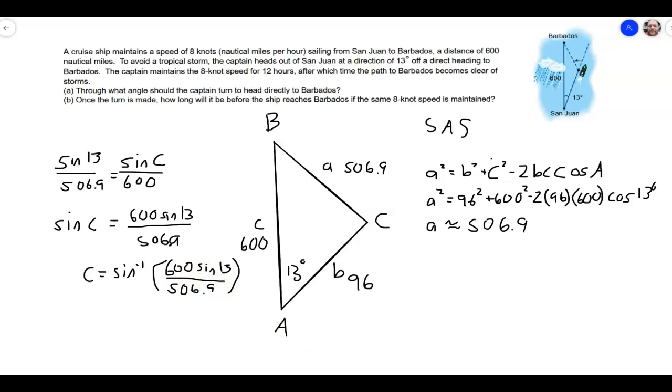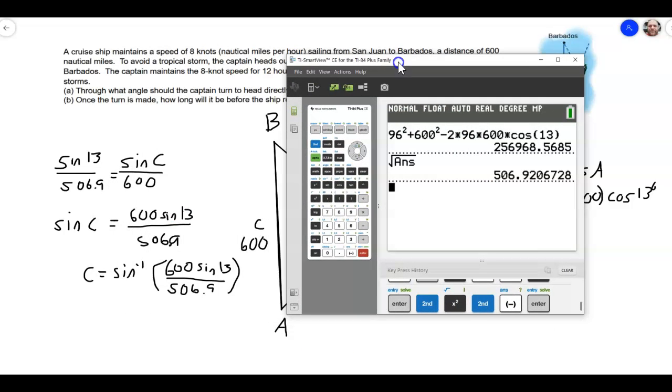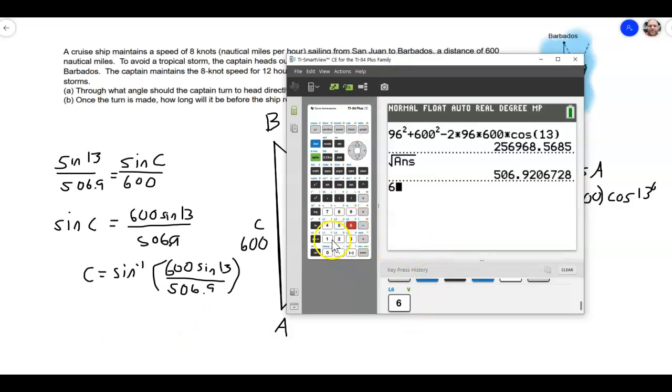0.9, and let's see what we get when we do that. All right, so inverse sine of, I want to put the top in, it'll do it in the correct order of operations.